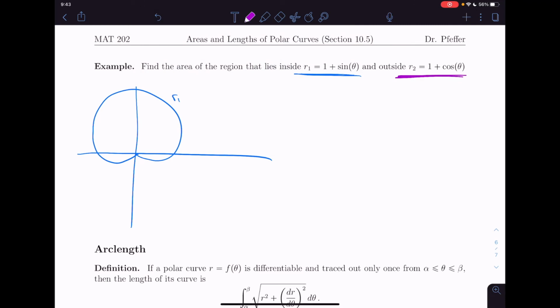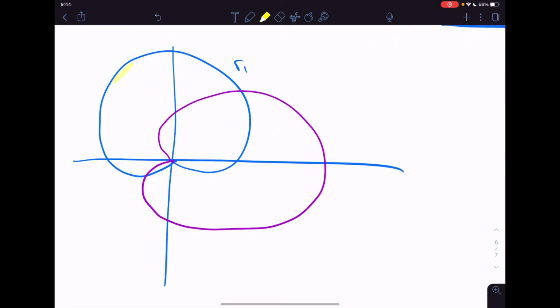And so if we draw that cardioid, it might look something like this. And I want to know what the area of the region that lies inside R1, so inside this blue one, but outside R2. So that means not in the purple. That means it's going to be this region up here.